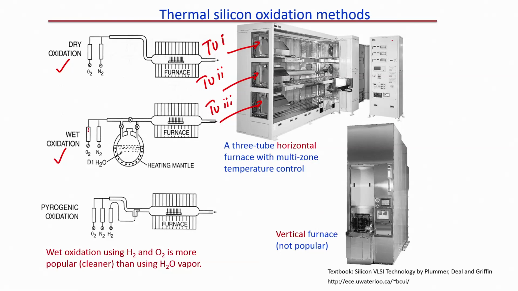You can program the temperature using your system, and you can grow multiple oxide thicknesses. One thickness can be on tube 1, second on tube 2, third on tube 3. So, the throughput would be high.